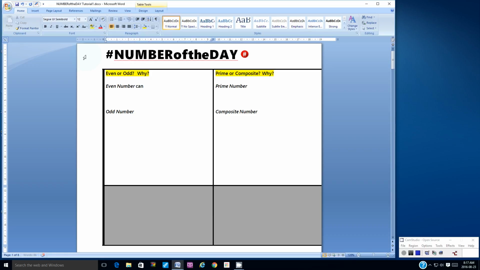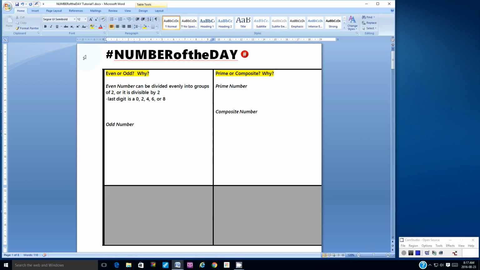An even number can be divided evenly into groups of two. Or another way we can say it is that it is divisible by 2. Another way we can say it is that the last digit is a 0, 2, 4, 6, or 8.